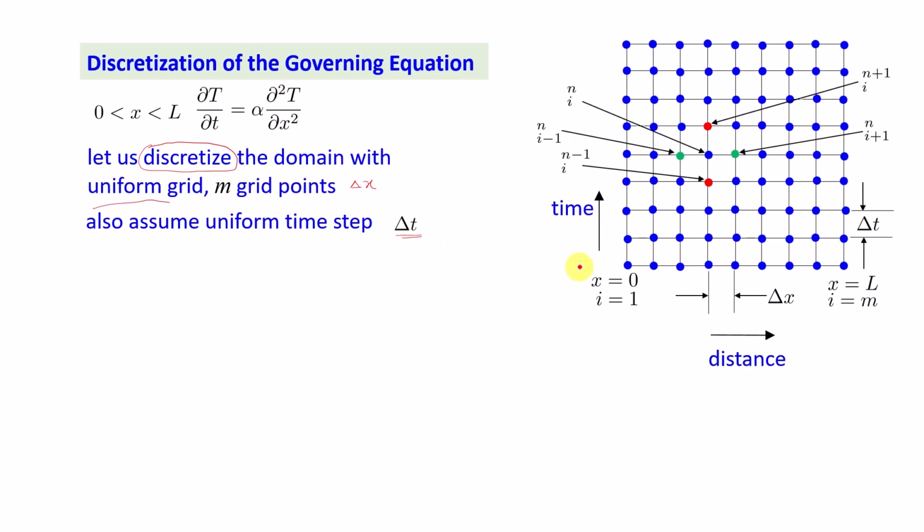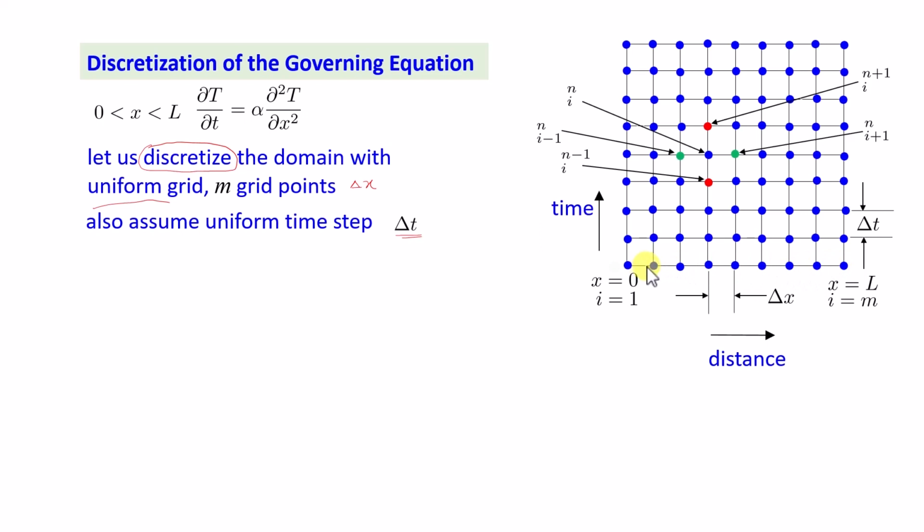So what is our domain? Our domain is x equals 0 to x equals L, and I have uniformly divided this domain using these blue dots. Each of these blue dots is a point where we'll get the solution of T. In between these blue dots we don't know anything. So the domain, which was a continuous line between x equal to 0 and x equal to L, we have now discretized.